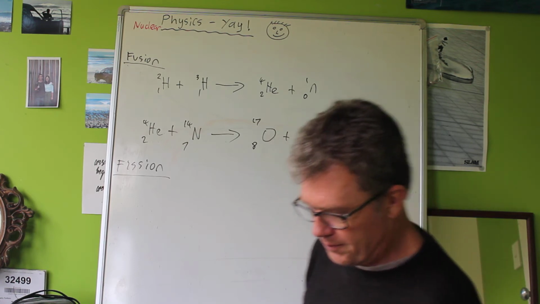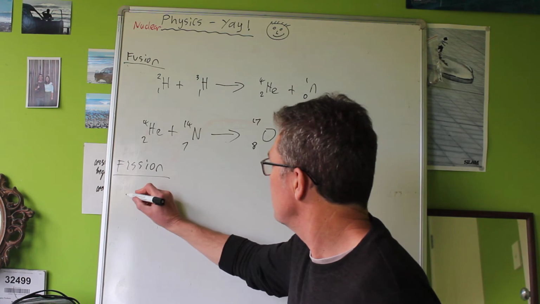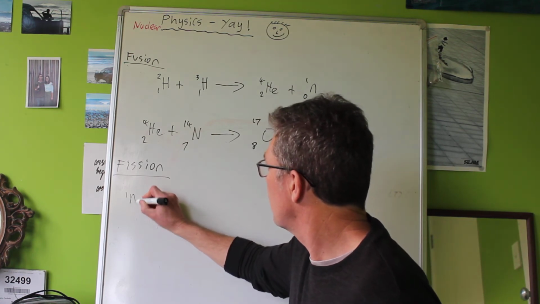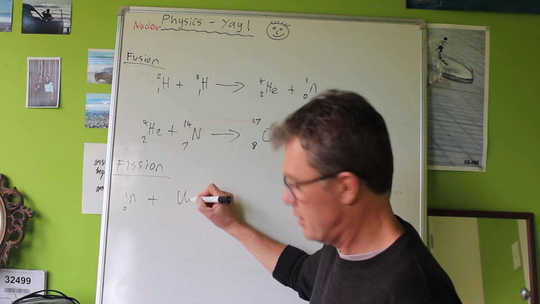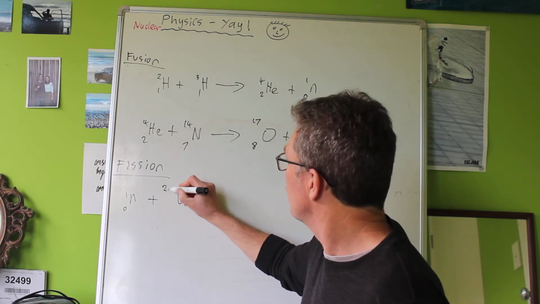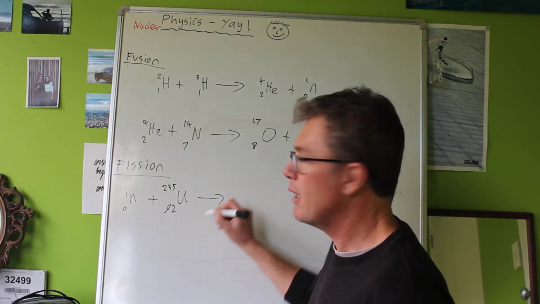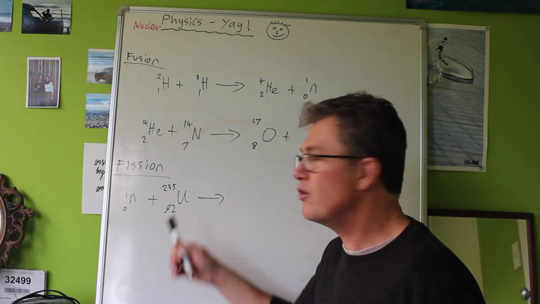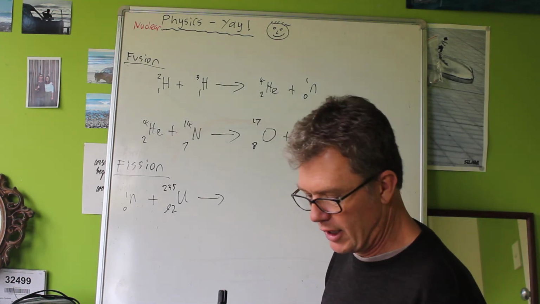Okay, so fission is when you fire a neutron, 1, 0, at something big like uranium, 235, 92, and what it does is it splits this big nucleus up into 2 daughter nuclei, or 2 separate nuclei.